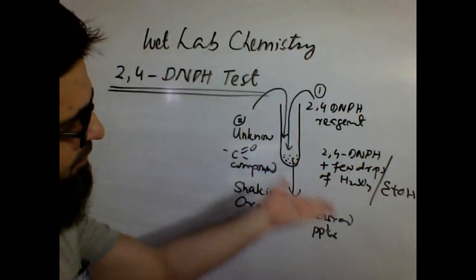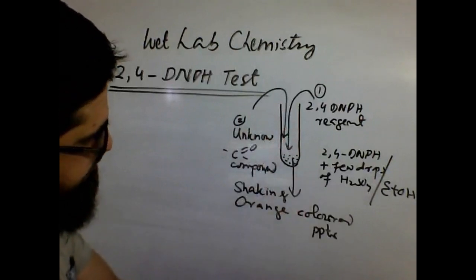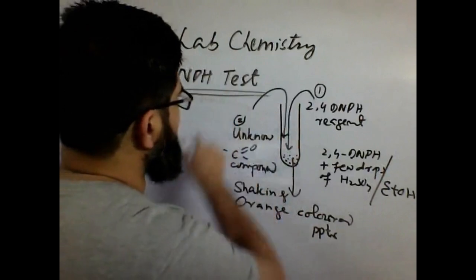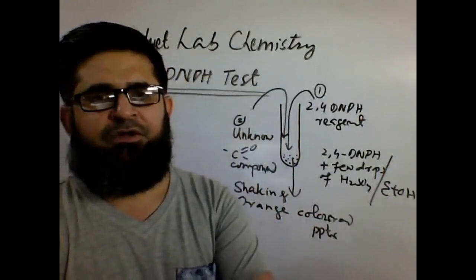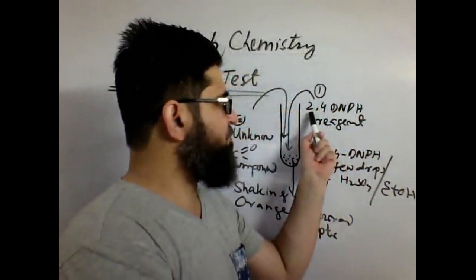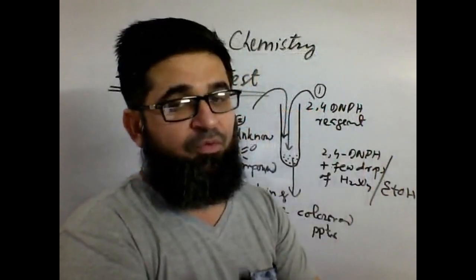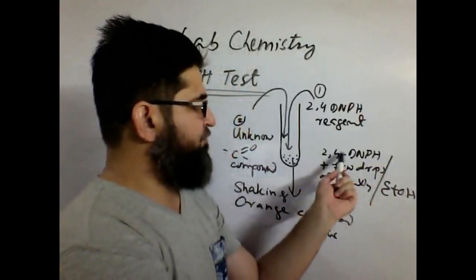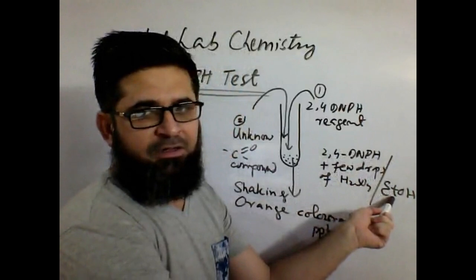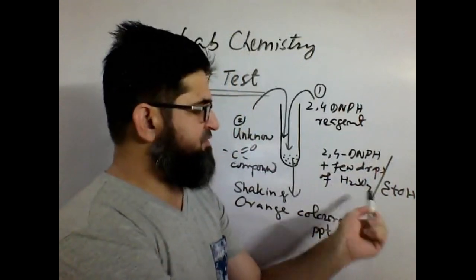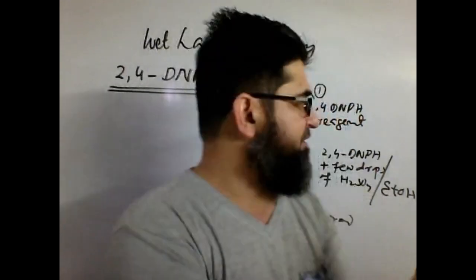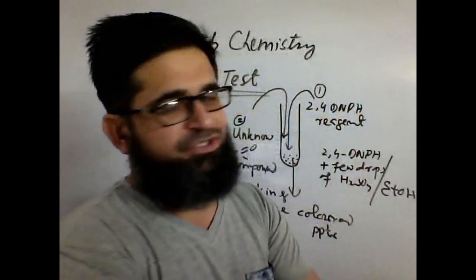Let me brief you again on how the 2,4-DNPH test is performed. In order to perform it, you are supposed to have a 2,4-DNPH reagent. What is that actually? 2,4-DNPH dissolved in ethanol as a solvent, with a few drops of sulfuric acid added into the solution, and that is called the 2,4-DNPH reagent.